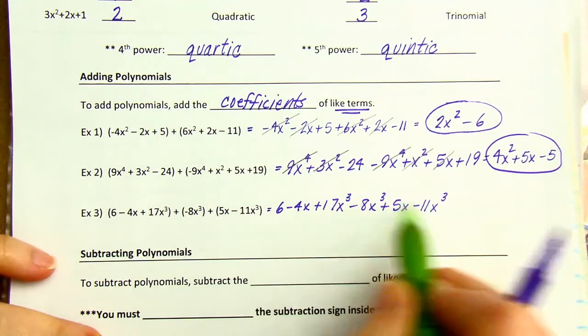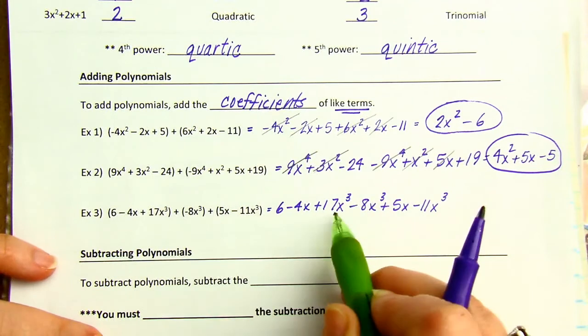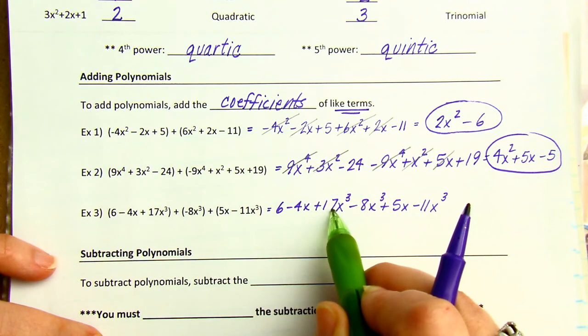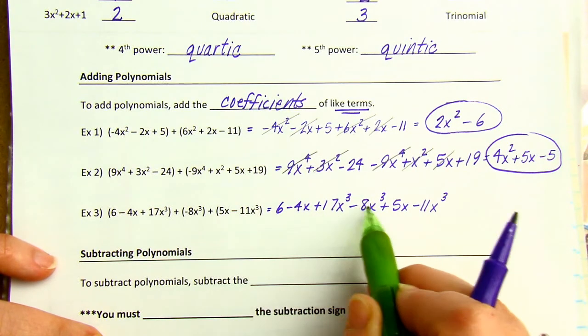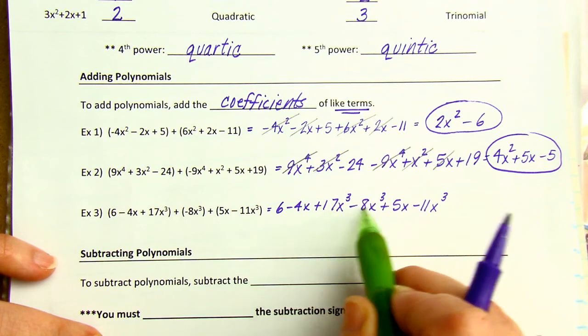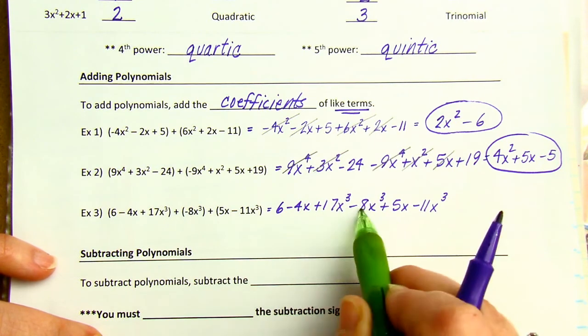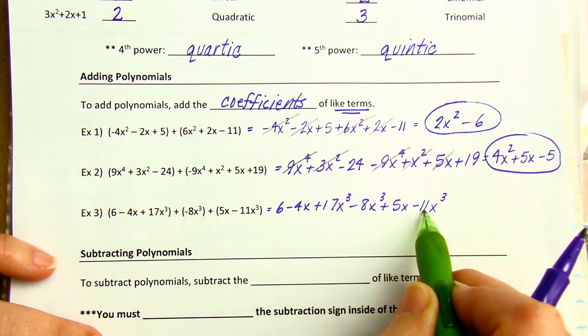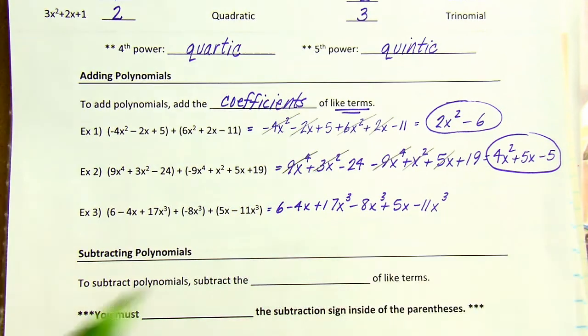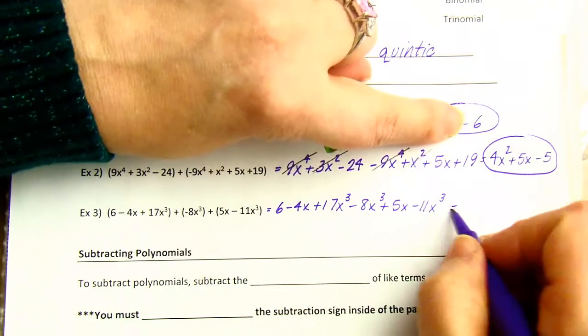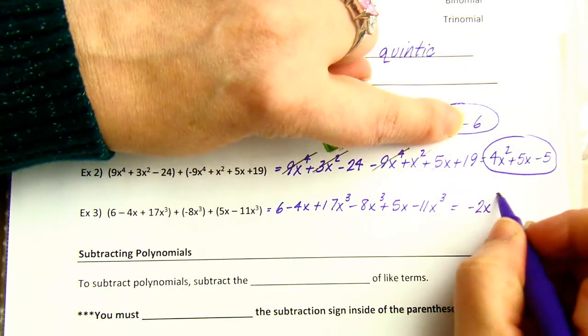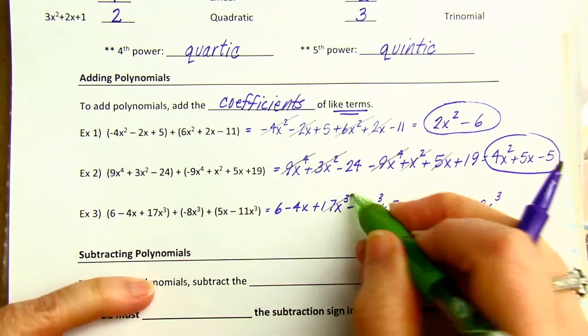So power 3 is the largest, so I got 17 subtract 8 is 9, right? But then subtract 11. 9 subtract 11 is negative 2. So negative 2 of these x cubes.